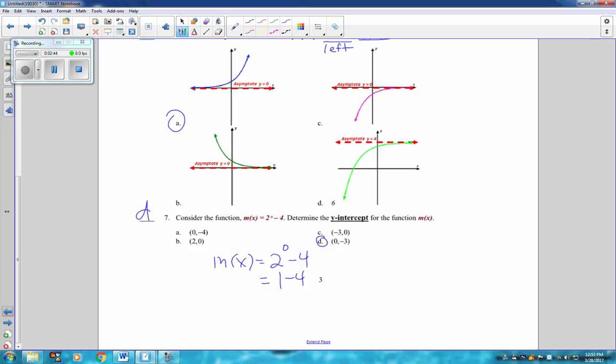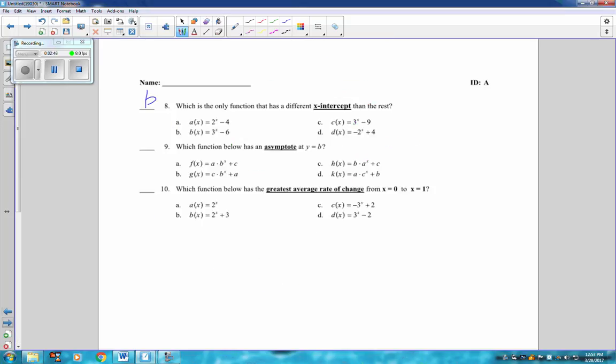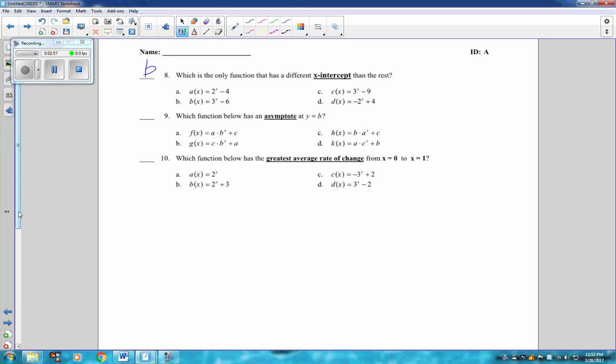Number 8 is B, which is the only function that has a different x-intercept. To find the x-intercept, I have to let y equal 0.